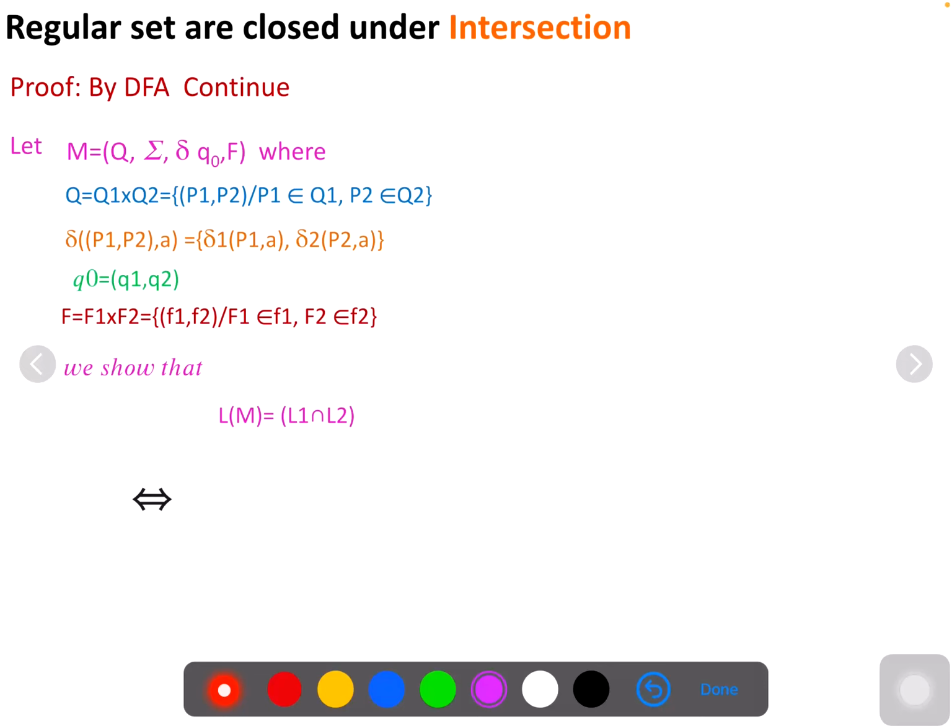We show that L of M is equal to L1 intersection L2.